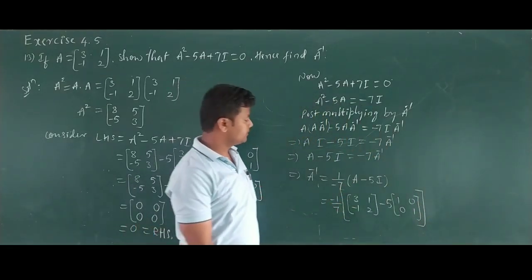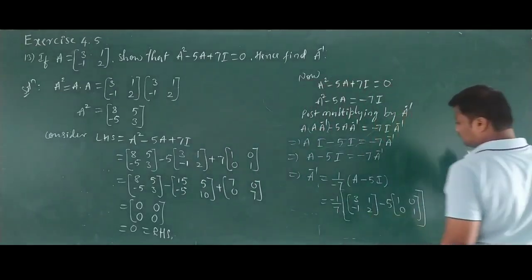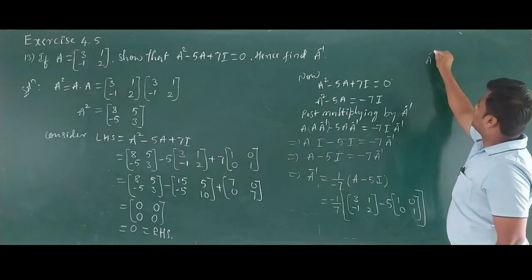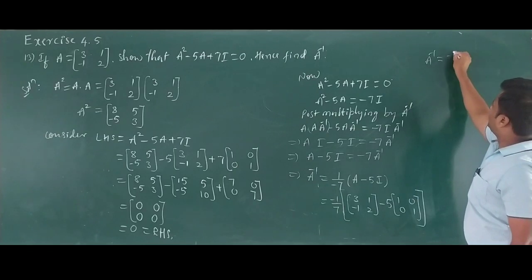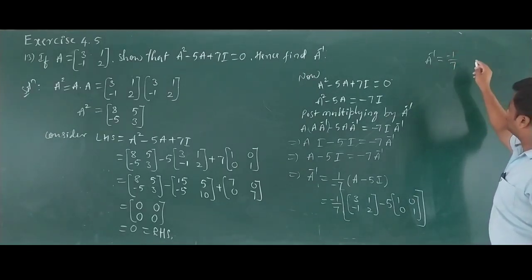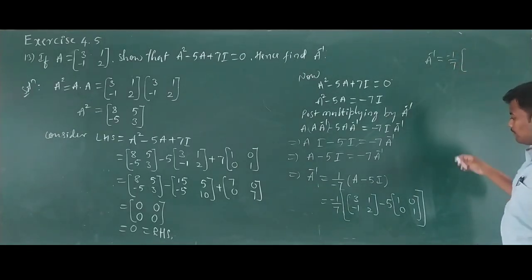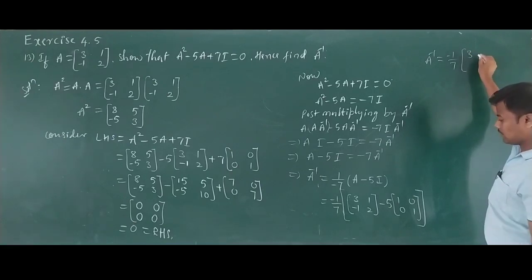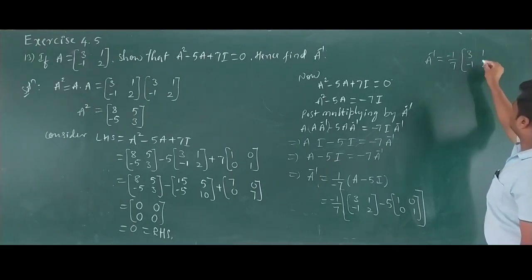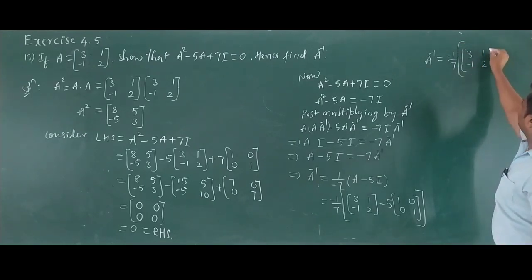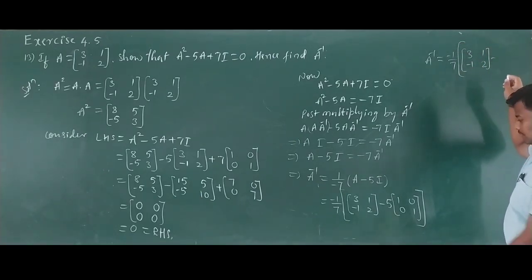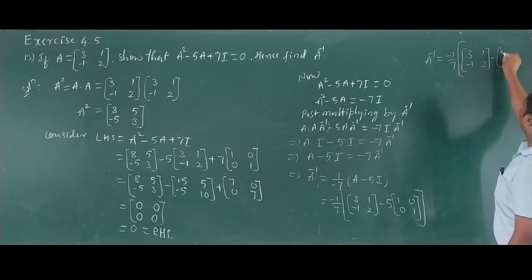Simplify this one. A inverse equals minus 1 by 7 into 3 1 minus 1 2 minus 5 0 0 5.